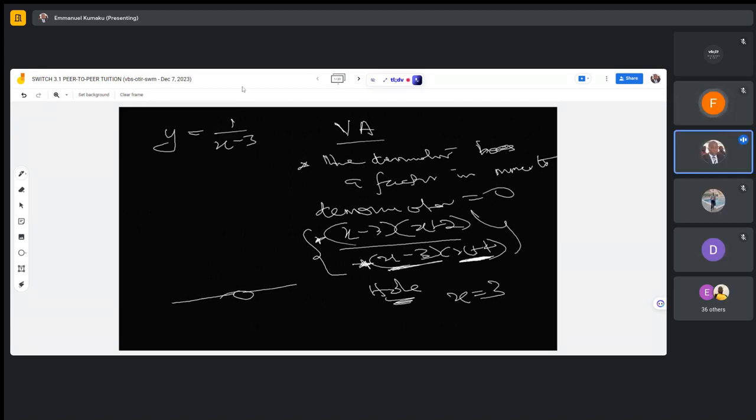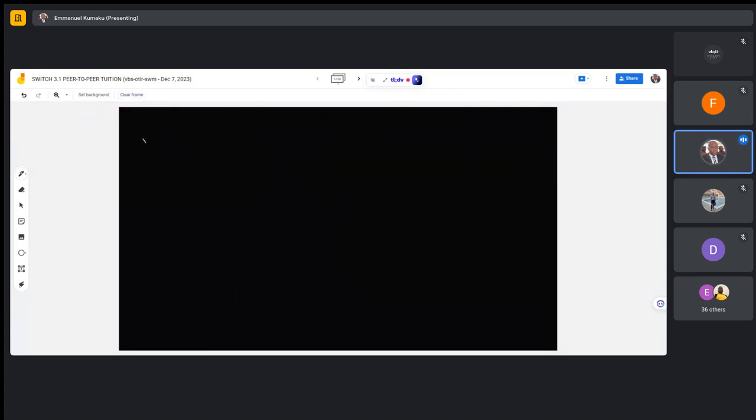Good. So let's look at the vertical asymptote of the question on the board. So y is equal to 1 over x minus 3. We don't have any expression like x minus 3 at the top. So straight away, we'll say that there is no hole here.